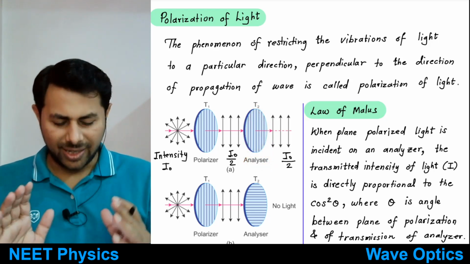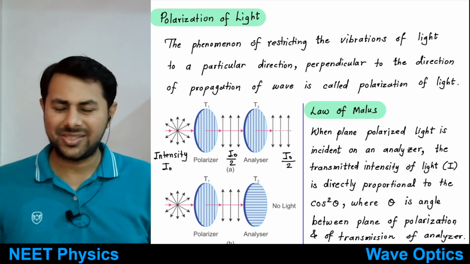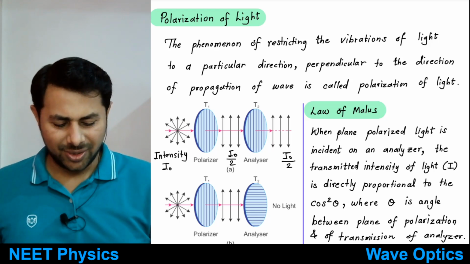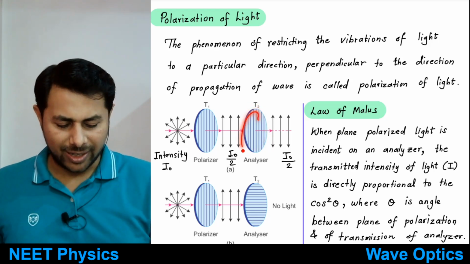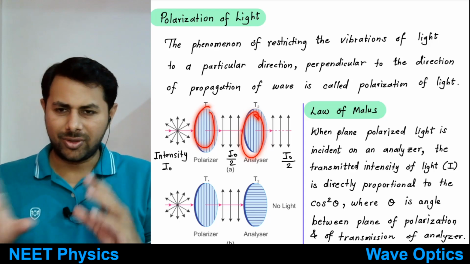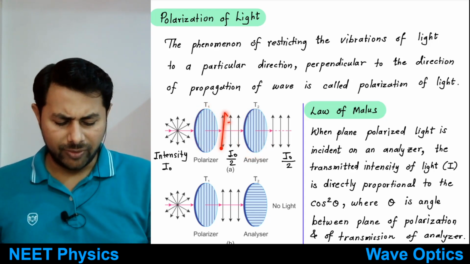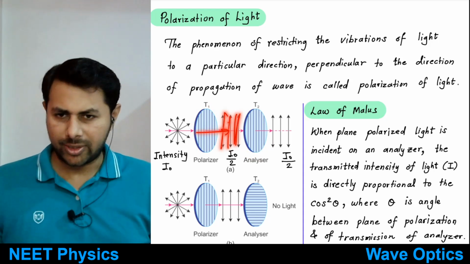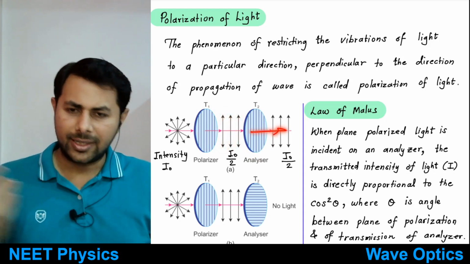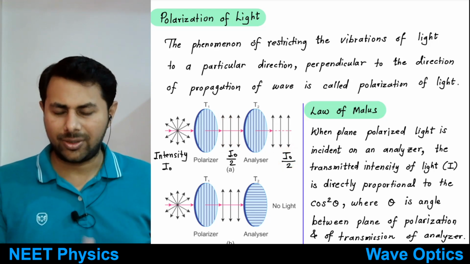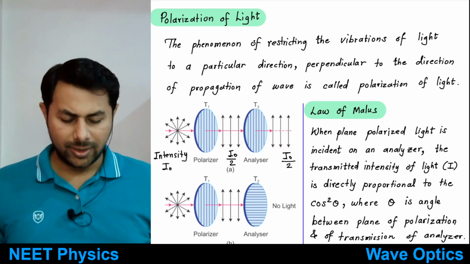It will analyze whether the light is actually polarized or not. If you keep the optic axis of the analyzer just like that of the polarizer, aligned, then whatever light comes out of the polarizer will pass through the analyzer too. So the intensity here will also be I naught divided by 2.